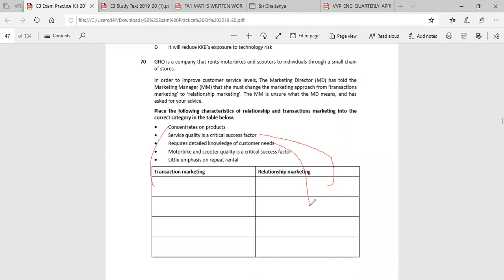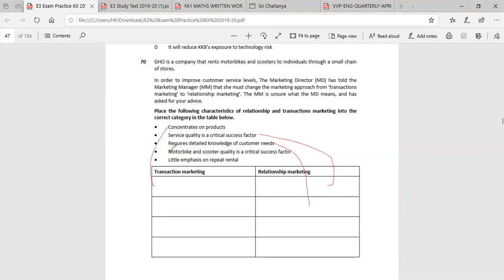Motorbike and scooter quality is a critical success factor. Customer focus is on relationship. Product focus is on transaction marketing.